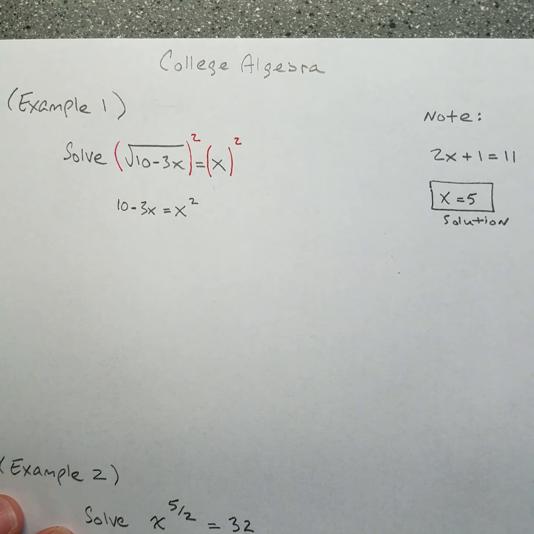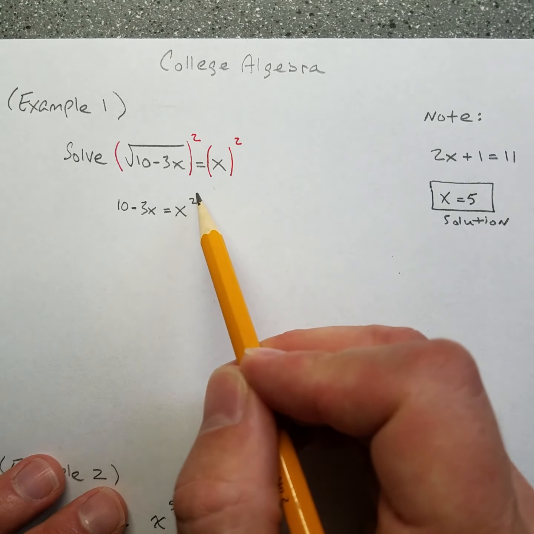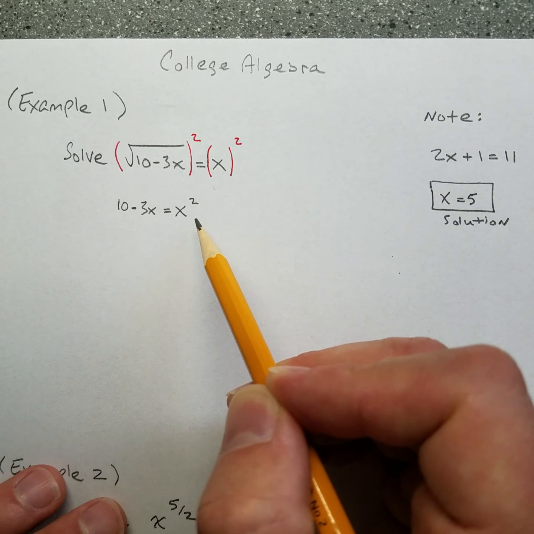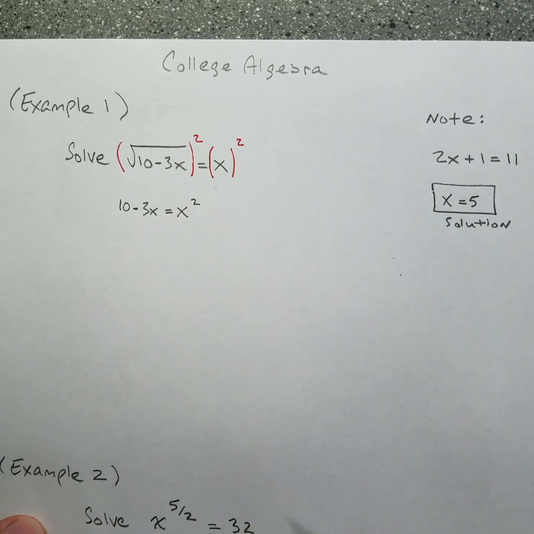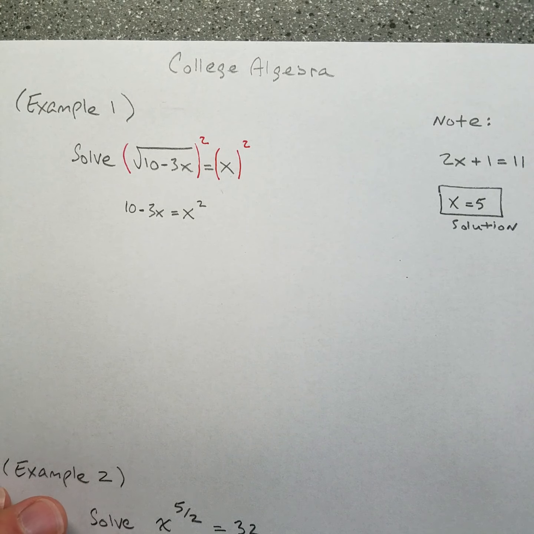All right. Now the next issue is, we're here, how do we take it further? When I notice that we have an x squared term, that tells me that it's probably going to be a quadratic equation and that we could probably solve it by factoring.